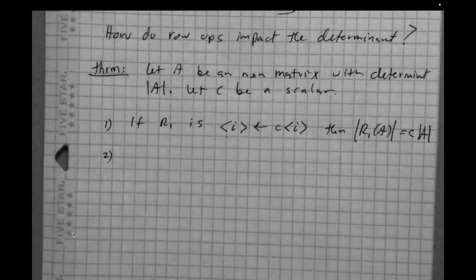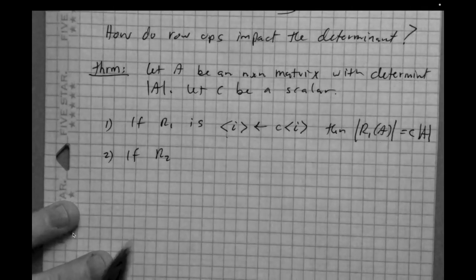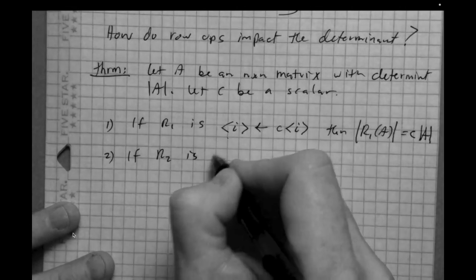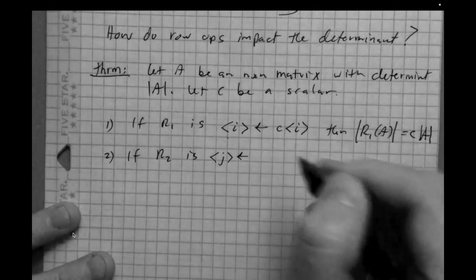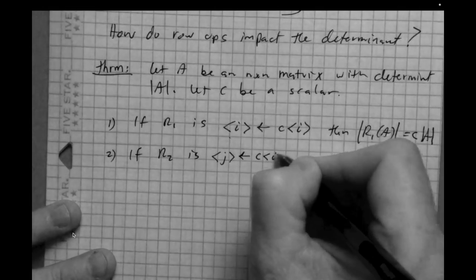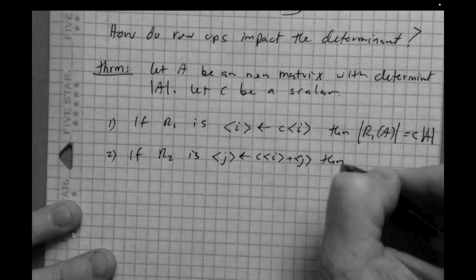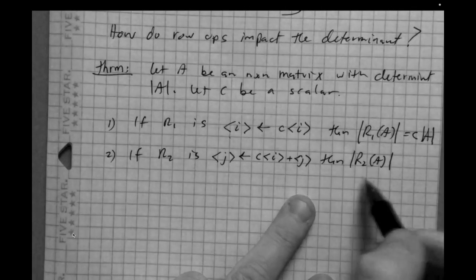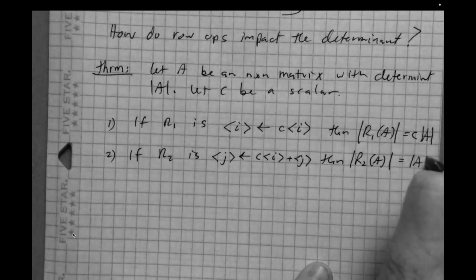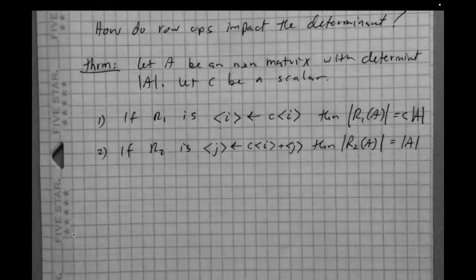The second row operation is kind of the really messy one, so we'll call that row operation 2. If row operation 2 is where you've got row j being replaced by a constant times row i plus row j, then surprisingly, the determinant of the resultant matrix is the same as the determinant of A. This row operation actually has no effect on the value of the determinant.